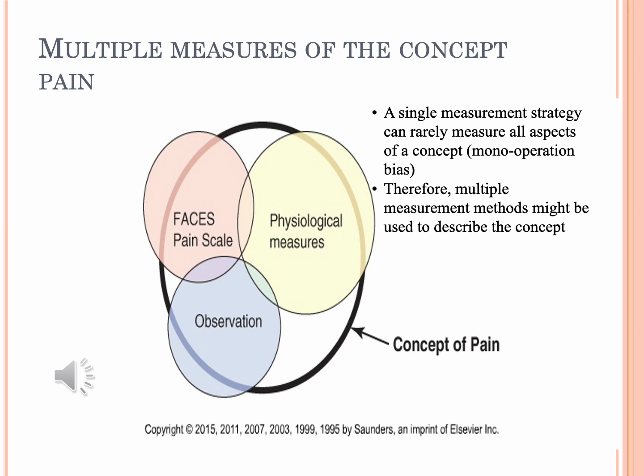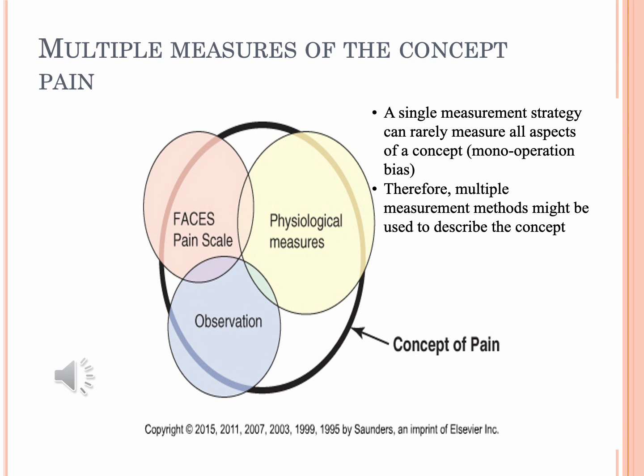No single measurement strategy can really measure all aspects of a concept. You will remember from the PowerPoint on research designs that I said construct validity means that we need to measure, as accurately as possible, the concept that we've described in our conceptual framework.